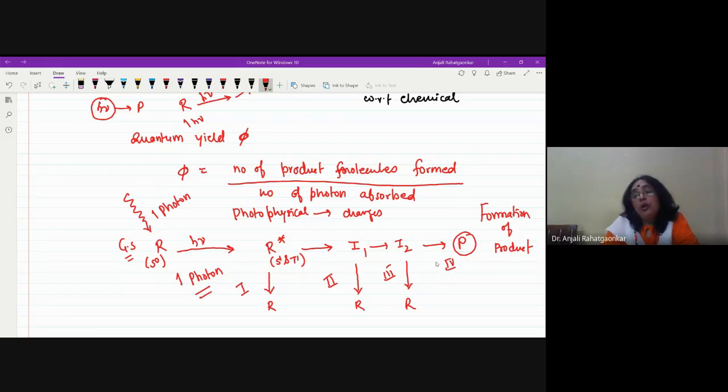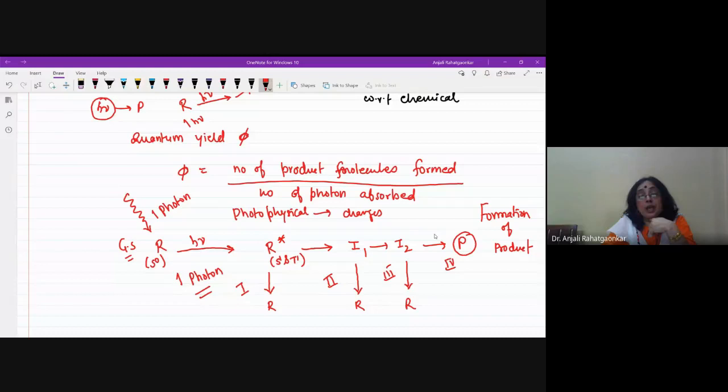So there are n number of permutations and combinations we can observe here, where the reactants are converted into the products, but simultaneously there will be various possibilities.